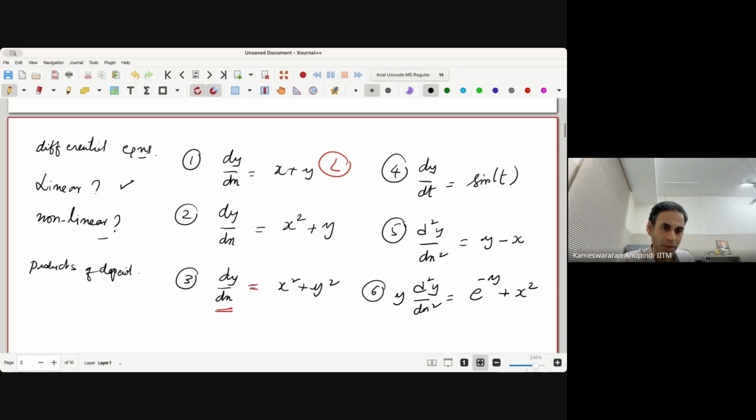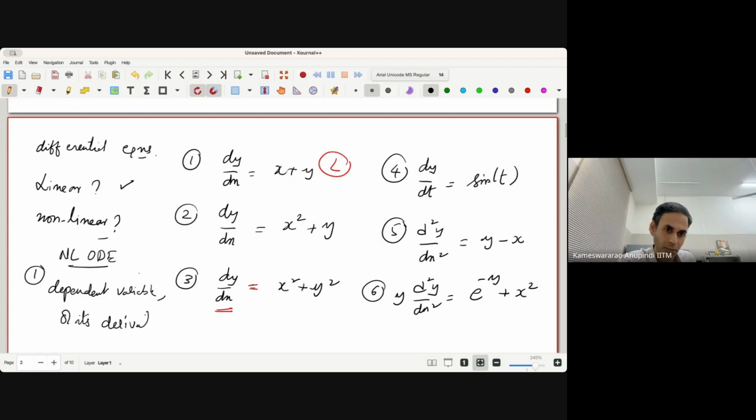We call something a nonlinear ODE if the dependent variable or its derivatives appear as products.